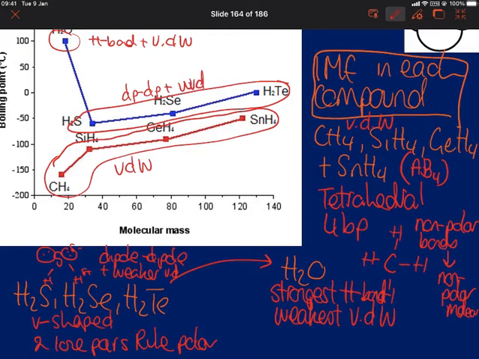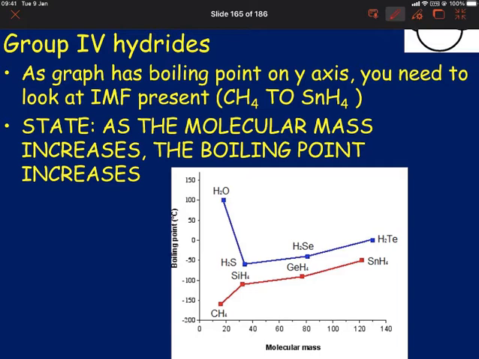Okay, so it asked you to state and explain. So we've talked about the IMFs that are in methane to tin hydride, and looking at the red line, as the molecular mass increases, so I'm reading across the X first, the boiling point increases, reading the Y. So this line is going up like so. So then how do we explain it?